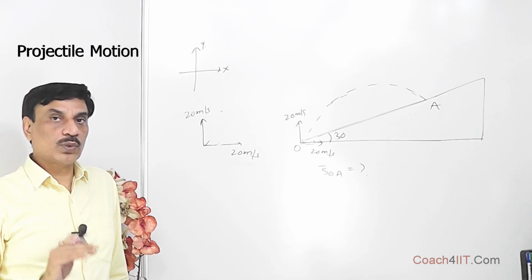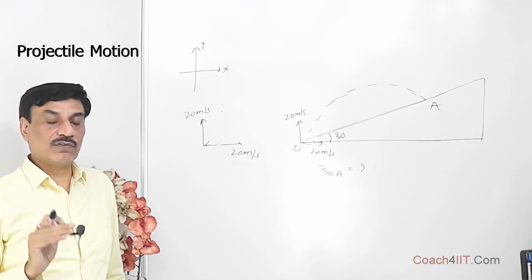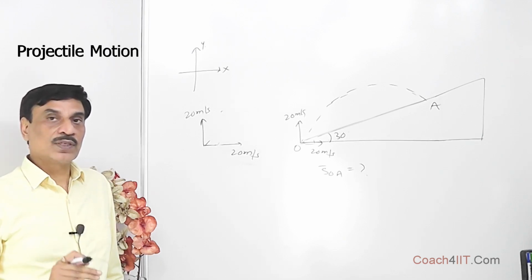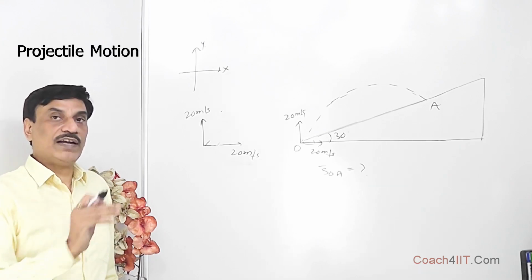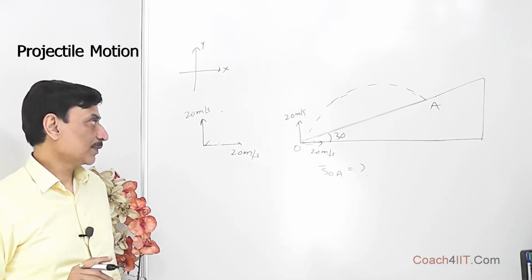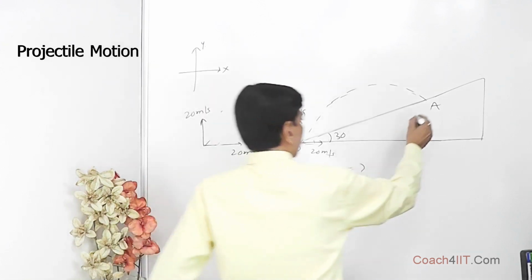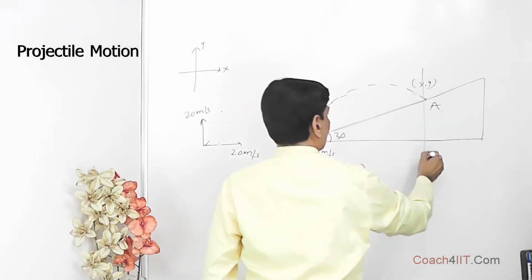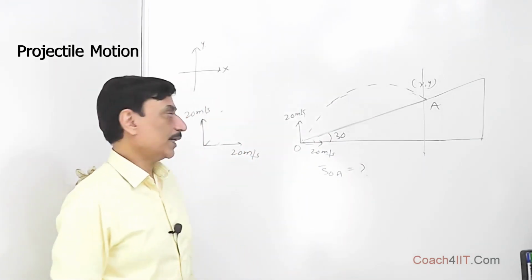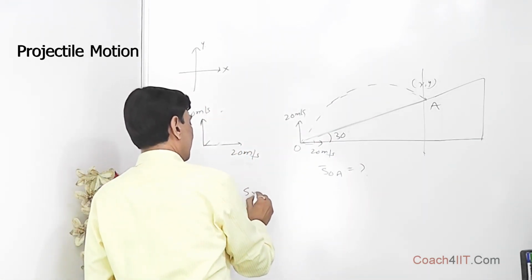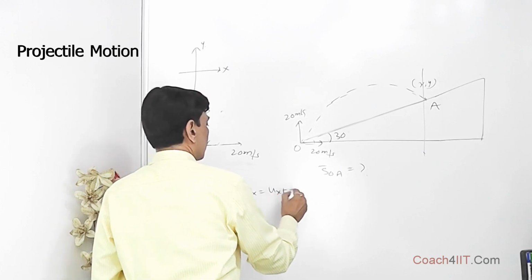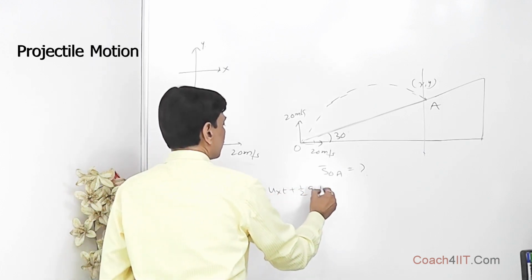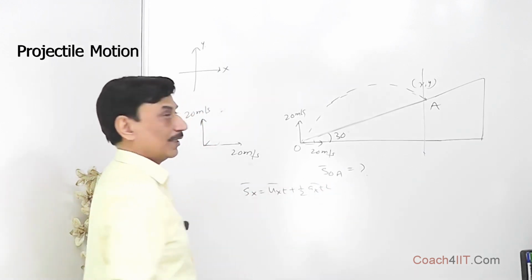We have not rotated our reference frame, we have not rotated x and y axis. We have been dealing with this as we have dealt in our earlier cases. Let's say its coordinates are x and y. So we use the equation Sx is equal to uxt plus half axt square, as we have been doing earlier.